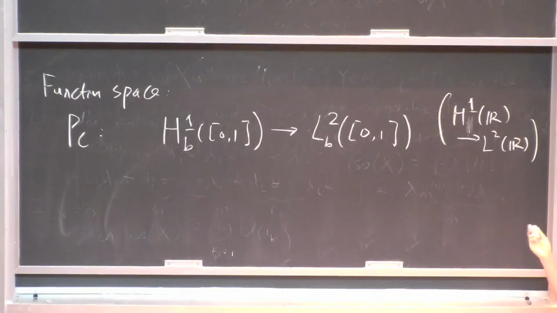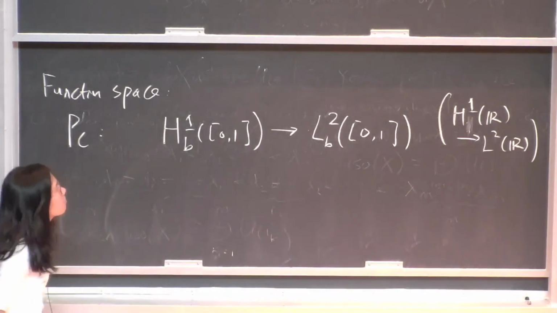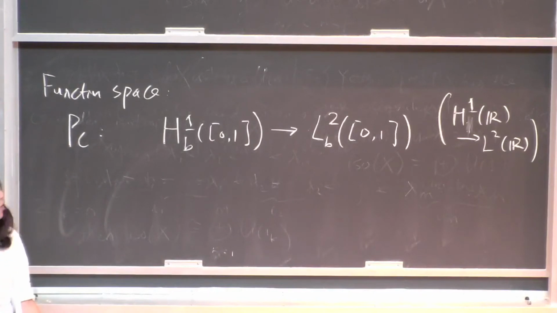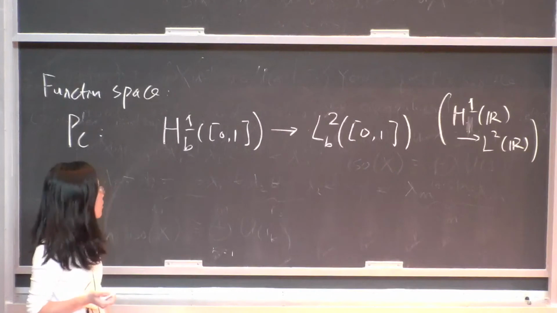Okay, so nothing special. Now, there's not much interesting happening here, and in particular, you can just compute everything, like the kernel and the mapping properties. The kernel is just exponential functions, and the index of this operator is 0.